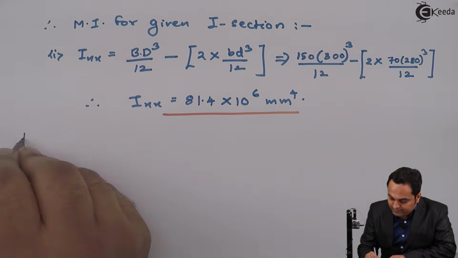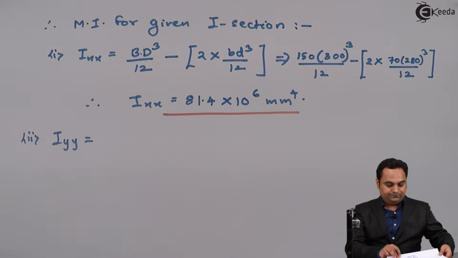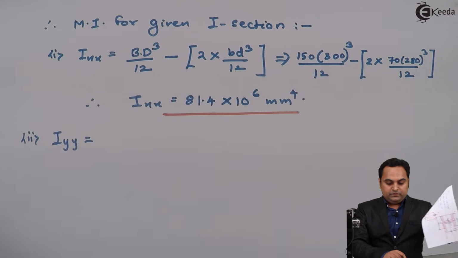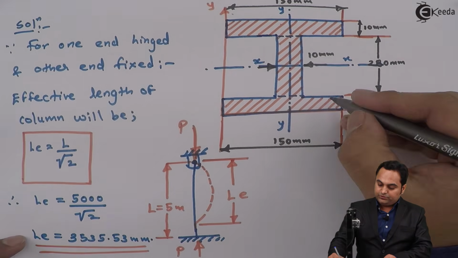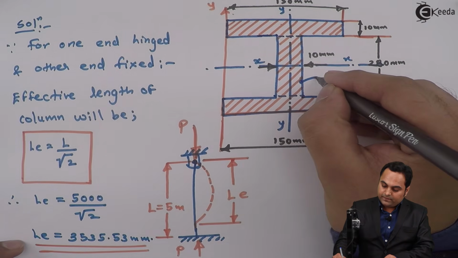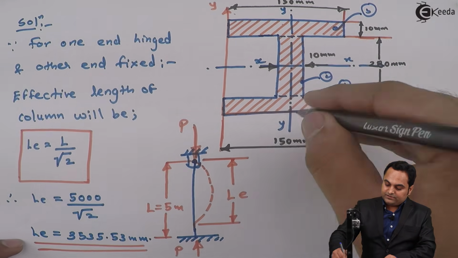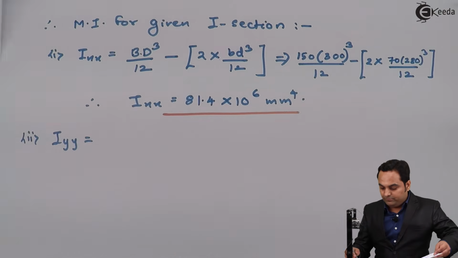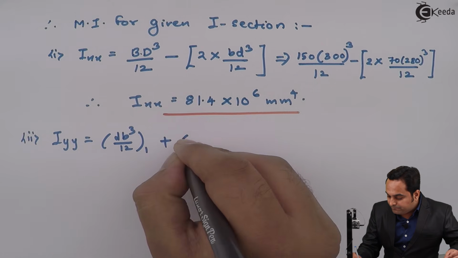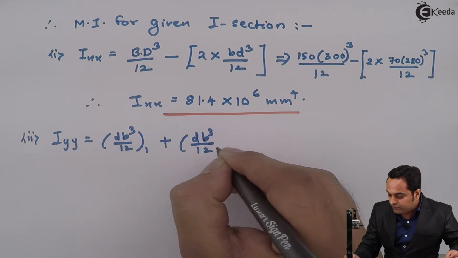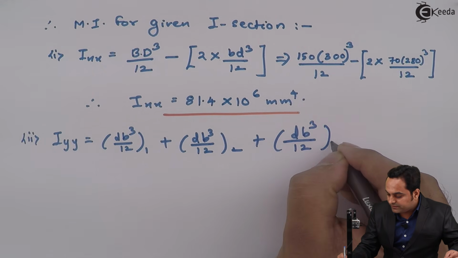Then I'll get Iyy. For Iyy, as we see, we divide the I section into three rectangles: rectangle 1, rectangle 2, and rectangle 3, and for all three rectangles we have the same y-axis. So the formula will be db cube by 12 for the first rectangle plus db cube by 12 for the second rectangle plus db cube by 12 for the third rectangle.